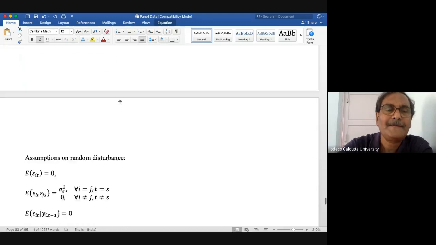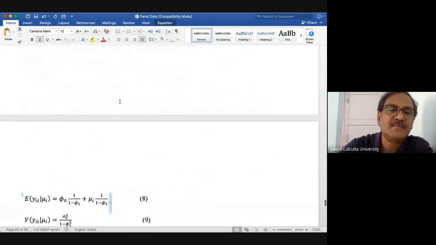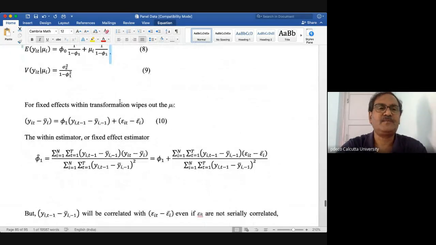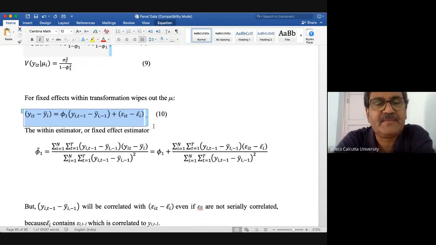So to estimate this model, suppose we are using within estimation or mean transformation form. So this is the form we have used earlier in a fixed effect model.